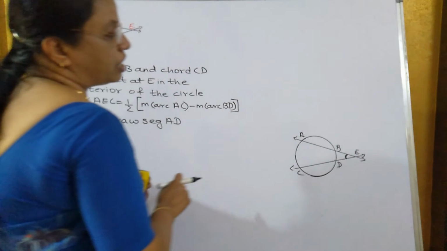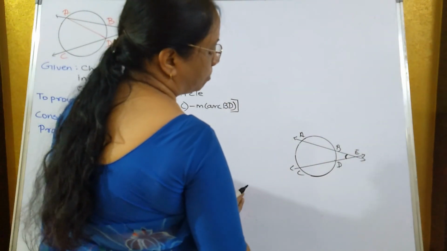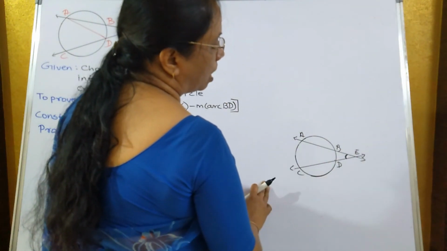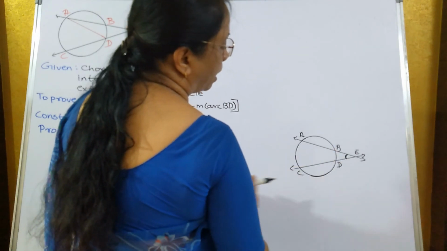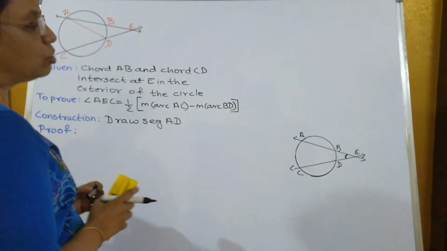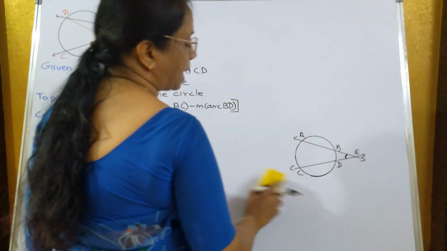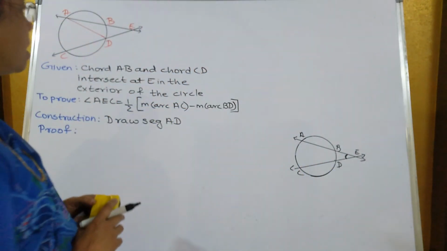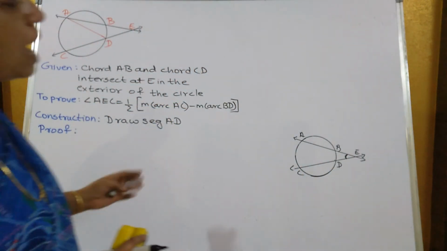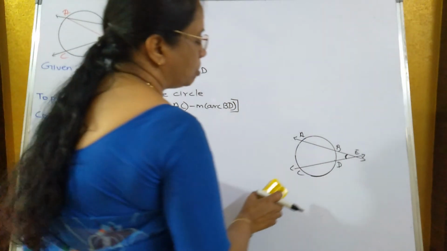Previously it was adding both the arcs and dividing by 2. Here it will be subtracting, a bigger arc minus a smaller arc, and then dividing by 2. So when they intersect externally, we subtract and divide by 2, and when they intersect internally, we add both the arcs and divide by 2.